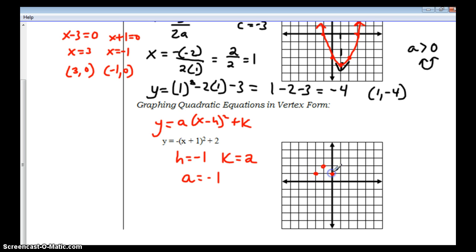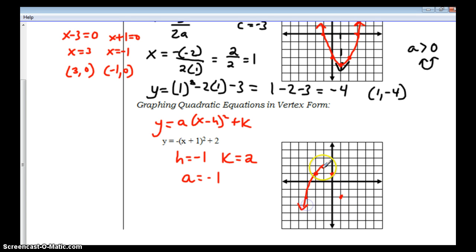So using the parent graph, instead of having the parabola going up and be 1 unit to the left and up, it would be 1 unit to the left and down, and 1 unit to the right and down. Also, we have our points from here would be 1 more unit to the left and now 3 down. 1 more unit to the right and 3 down.